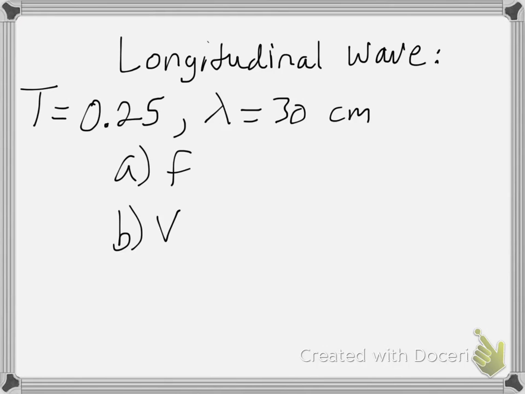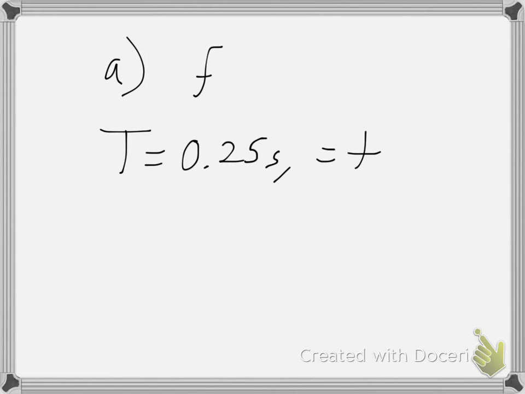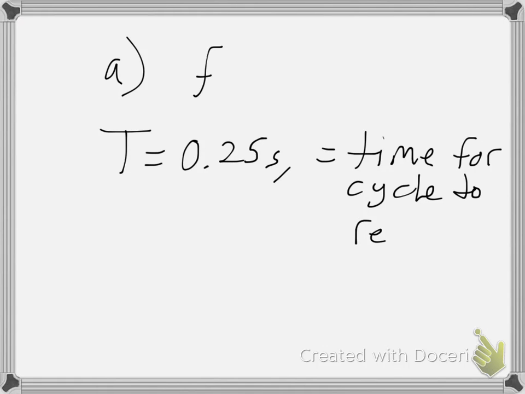Let's start with part A. We want to know what the frequency is. If the period is 0.25 seconds, that means the cycle repeats every 0.25 seconds. So the period is the time necessary for the cycle to repeat.